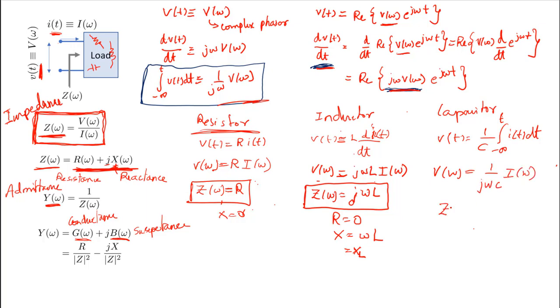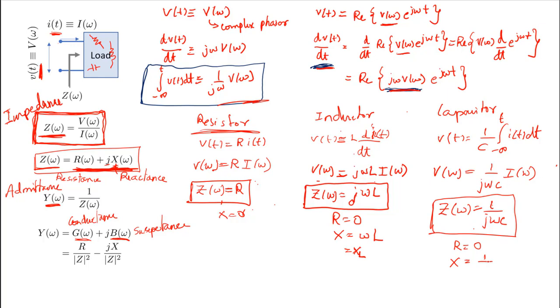So the impedance, the ratio of V over I, is 1 over j omega C. Comparing this with the impedance definition, we see that the resistance is 0, but the reactance is negative 1 over omega C, because this is equivalent to minus j over omega C, since 1 over j is negative j for a complex number.